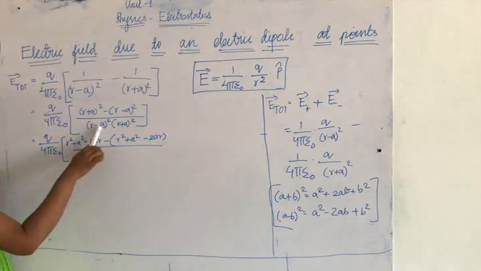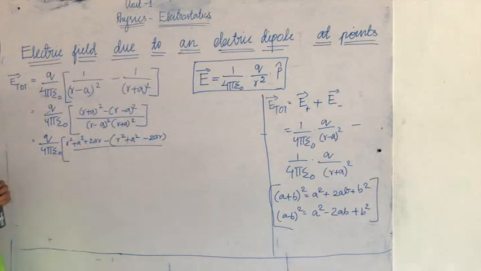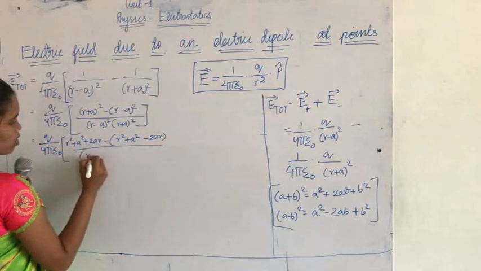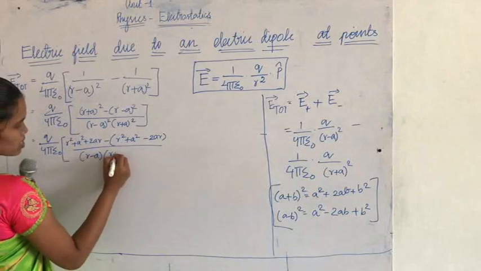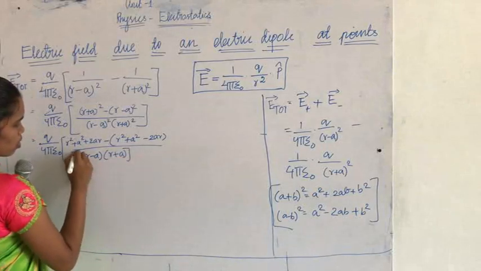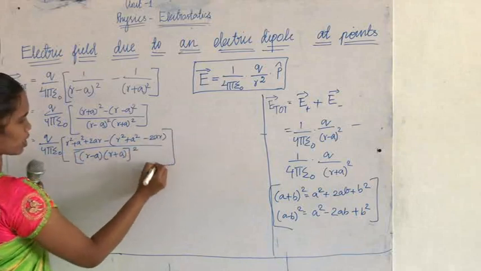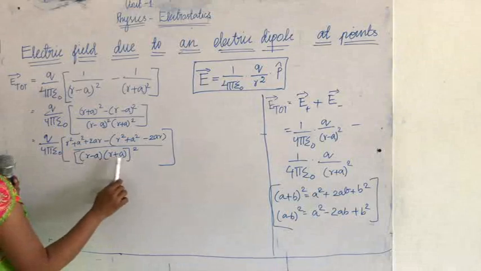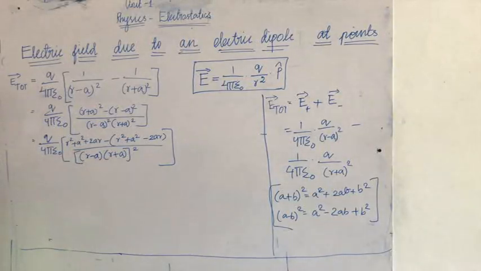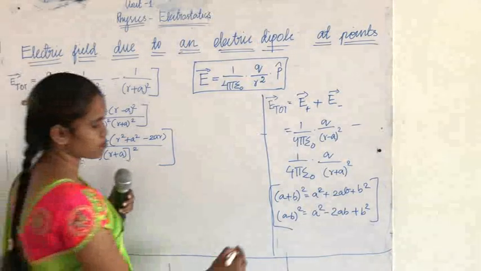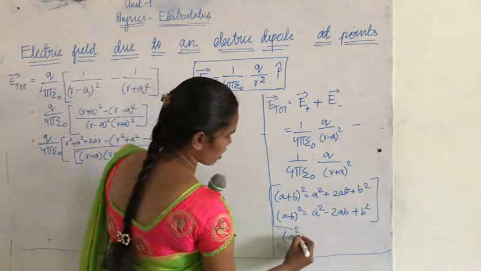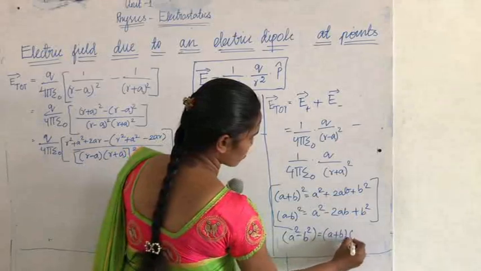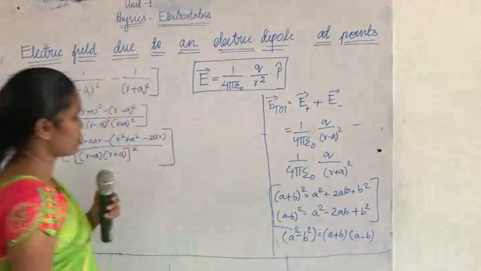Now see, (r minus a) the whole square, (r plus a) the whole square. You make it as 1, (r minus a) into (r plus a), the whole square. Do you remember one formula, (r minus a)(r plus a)? A square minus b square equal to (a plus b)(a minus b).